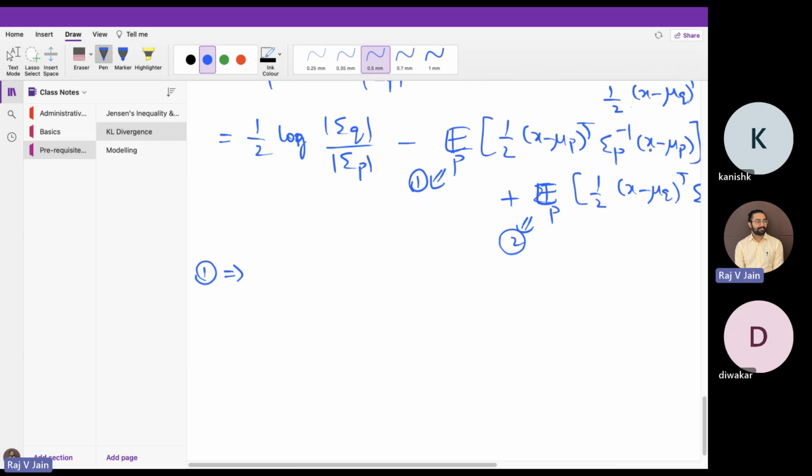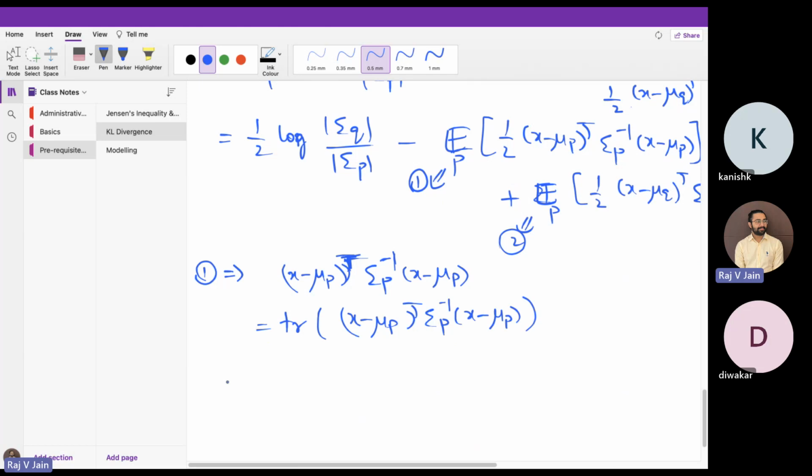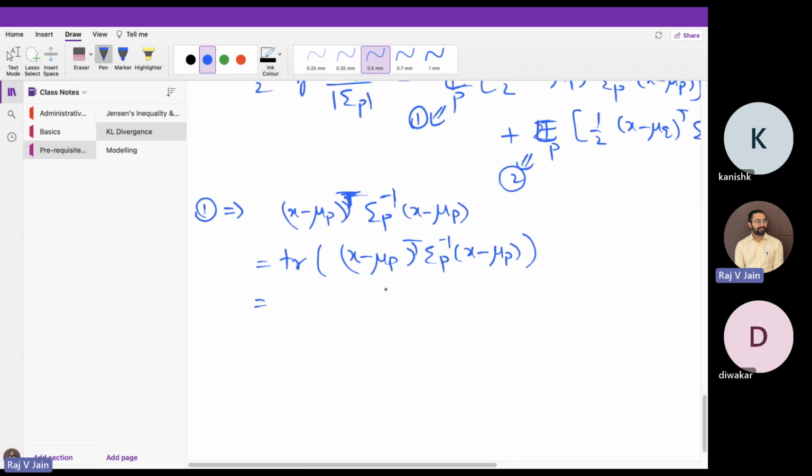So if this is a scalar quantity, x minus mu p transpose sigma p inverse x minus mu p, I can write it as a trace of itself. This can be seen as a 1 cross 1 matrix in some sense, so I would have it as trace of this.